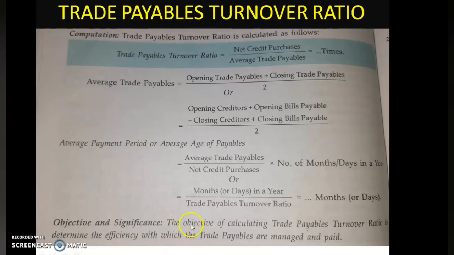Now, the objective of calculating trade payable turnover ratio is to determine the efficiency with which the trade payables are managed and paid. If we are purchasing our goods or raw material for production from the suppliers on credit, that is trade payables.